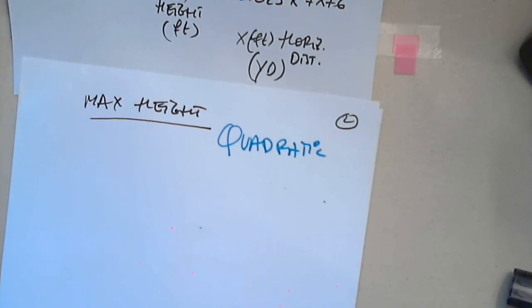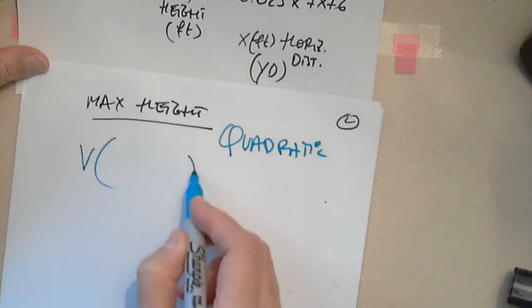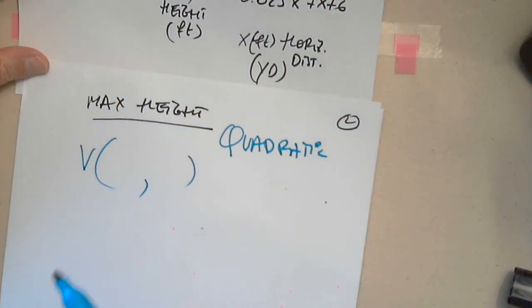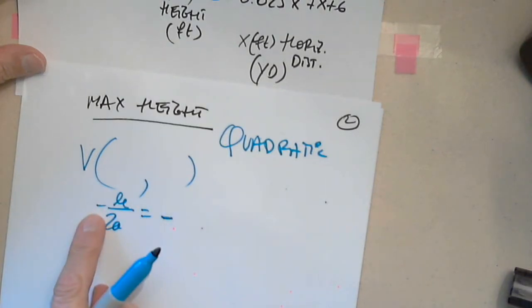I'm trying to see if I can get this better positioned. Okay, so we are really finding the vertex, which is negative b over 2a. Negative is from the formula.